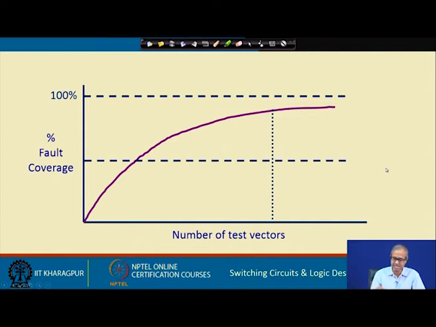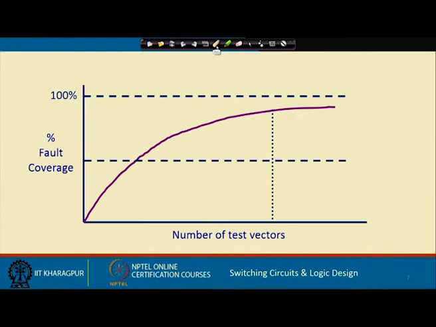So, this is the typical behavior of a circuit. As you increase the number of random test vectors and, through fault simulation, calculate the fault coverage, you will find that it will increase like this, initially very rapidly, but it will slowly level off. Well, for very rare cases it will reach 100%, but normally it will level off in the range of, let us say, 80%, 90%, 95%.